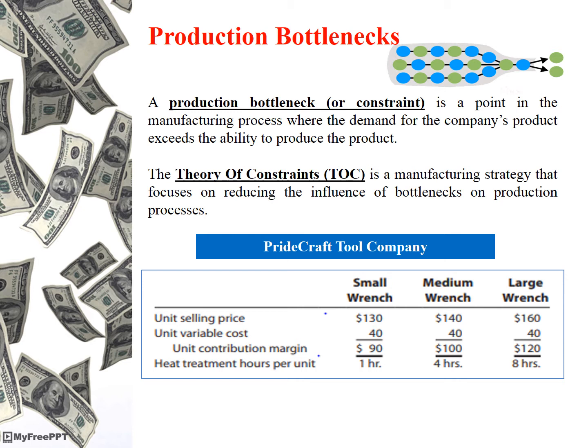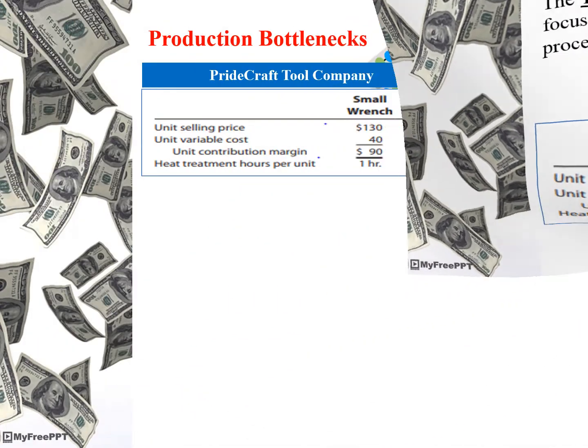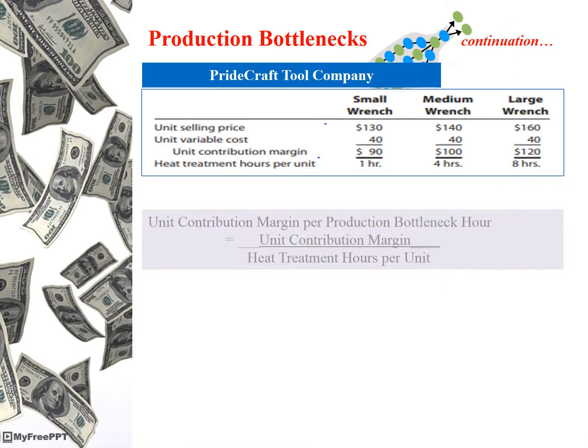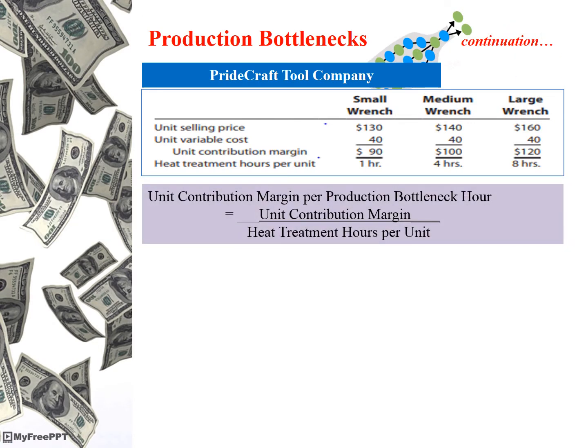Therefore, the unit contribution margin per bottleneck constraint is expressed as follows: unit contribution margin per production bottleneck hour is equal to unit contribution margin divided by heat treatment hours per unit.